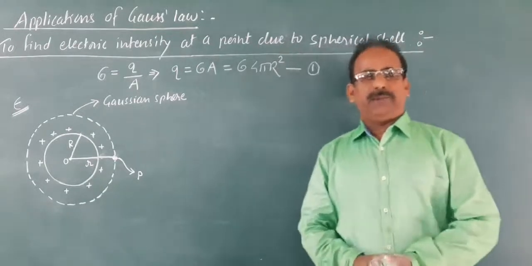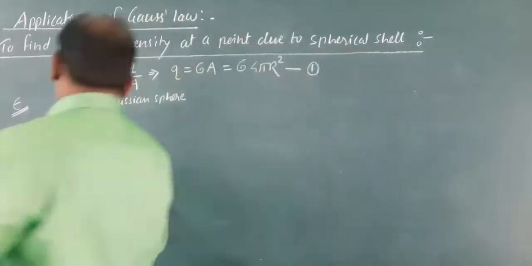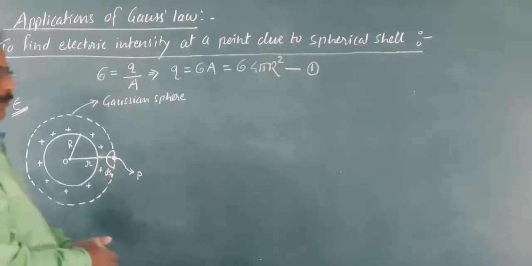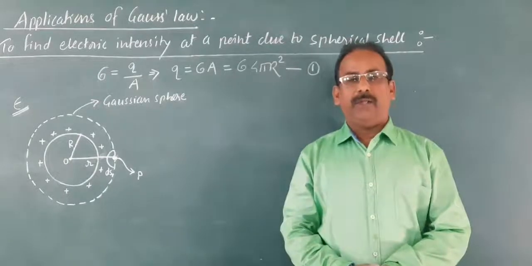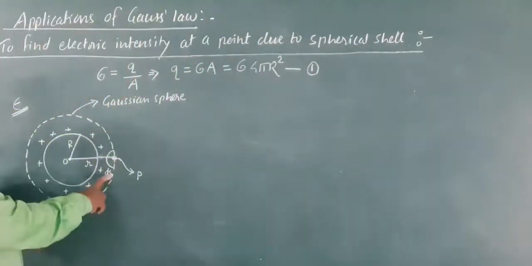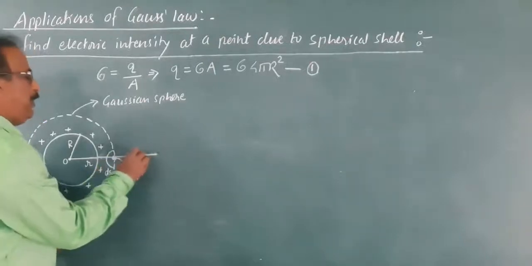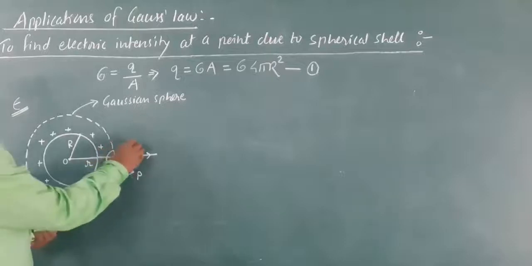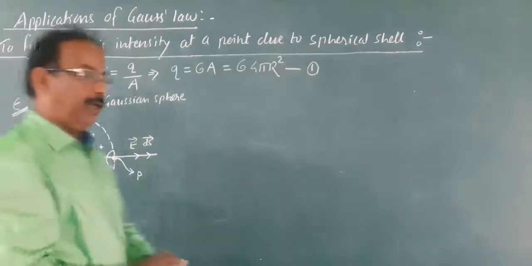To find this electric flux through the Gaussian sphere, first consider a small area element surrounding the point P. Then see the directions of the intensity vector and area vector at this point P. You will find that both vectors are along the radius, means parallel to each other.